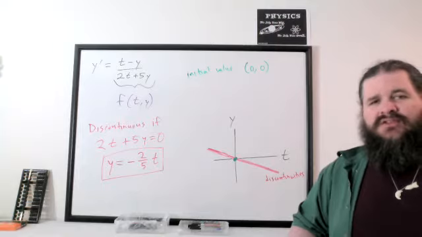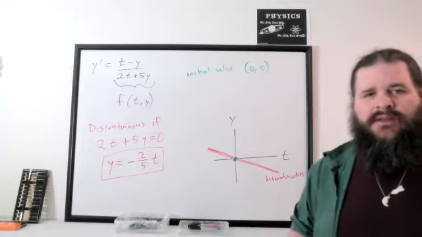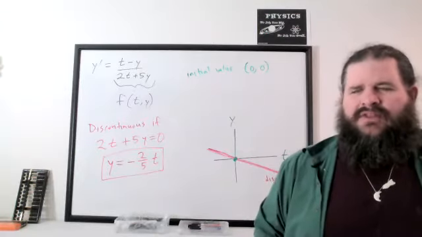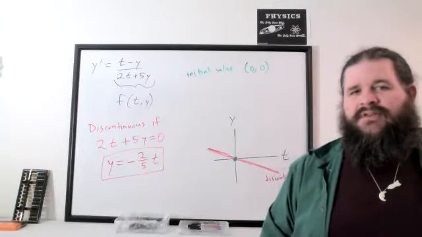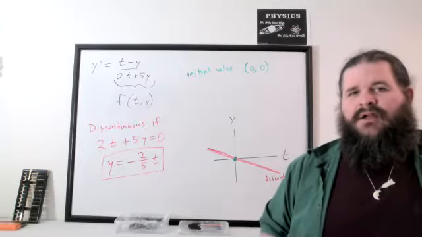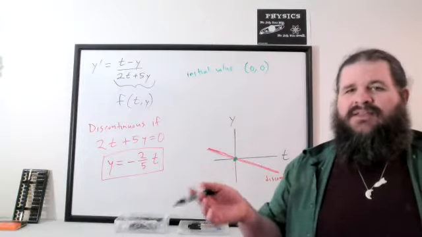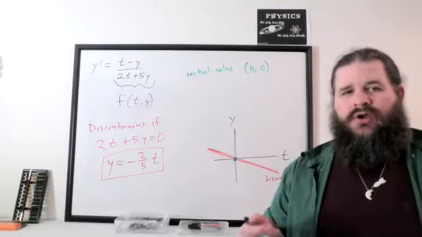The existence and uniqueness theorem specifically says if the initial value is not on the discontinuity, then we can conclude some stuff. But it doesn't say anything about situations where the initial value is on a discontinuity. So you've got to be careful about if-then statements like that. When a theorem is phrased as if A, then B, that means in any situation where you know A is true, you can say that B must be true.